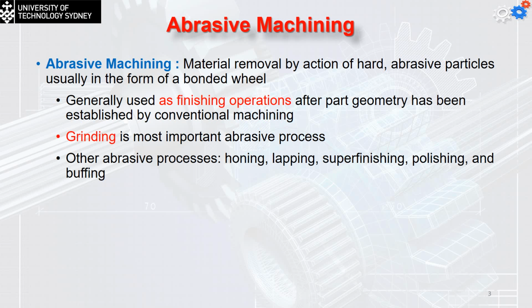Now you remember what we have done in the first part of the semester. We talked about how to shape the material. So we talked about the casting process. We melt the material, we reshape it in a mold. And we said that sometimes this process can be a net shape or near net shape process.